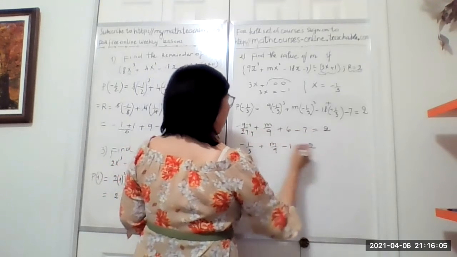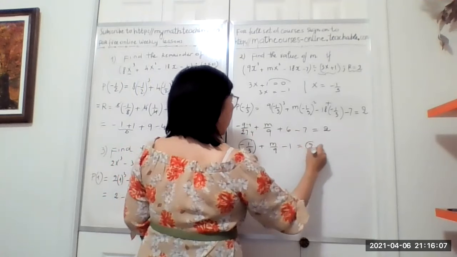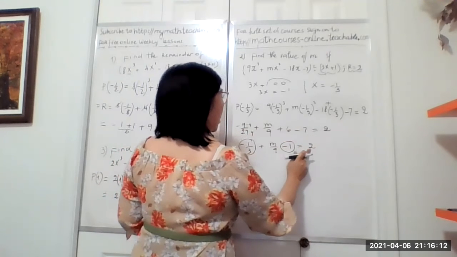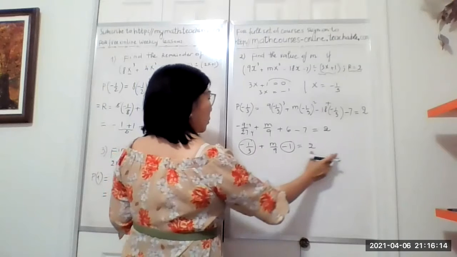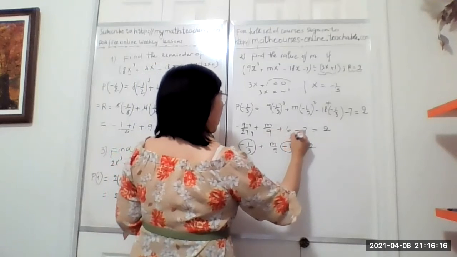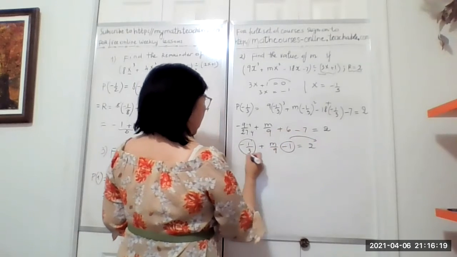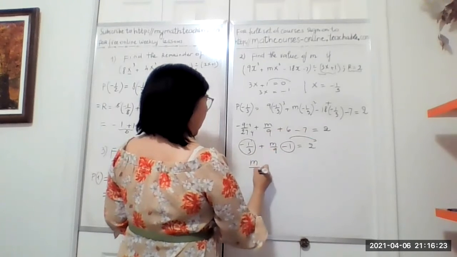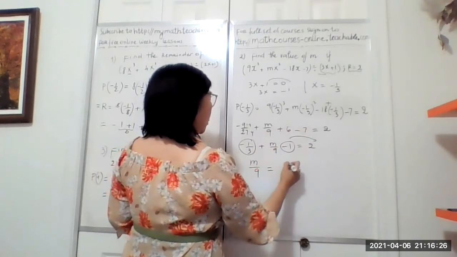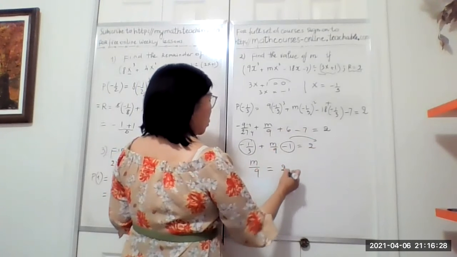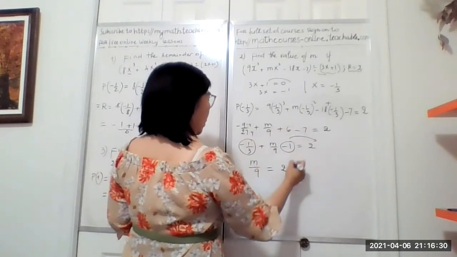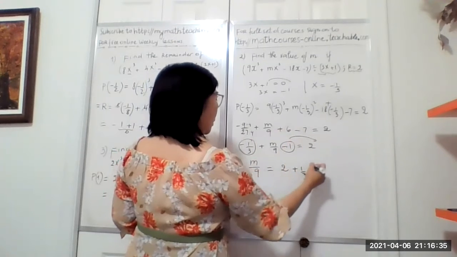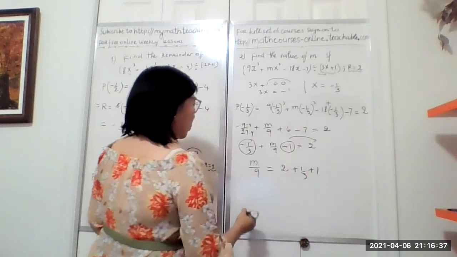So I'm going to move the number on the left to the right side. And when I do that, make sure I change the sign, right? So on the left, I still keep m over 9 equals. On the right, I still keep number 2. I'm going to move this over, so it becomes plus 1 over 3. Minus 1, move it over, becomes plus 1.